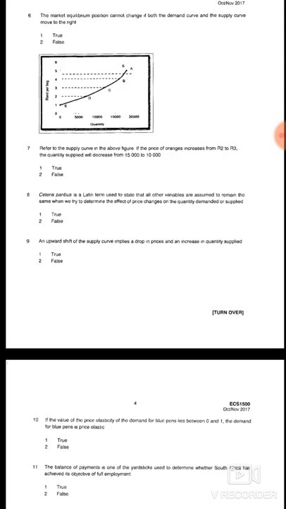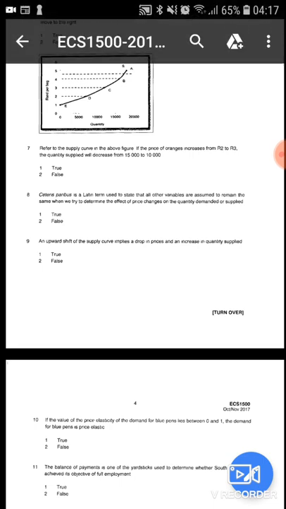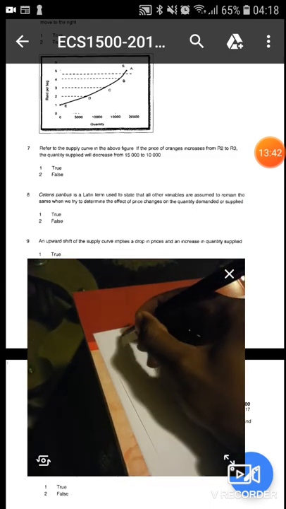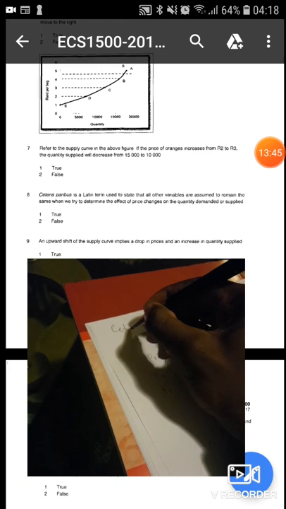Remember, ceteris paribus is a Latin word. In our situation, they're saying ceteris paribus refers to all other variables assumed to remain the same. So it's the same as all other factors remaining the same or holding other factors constant.